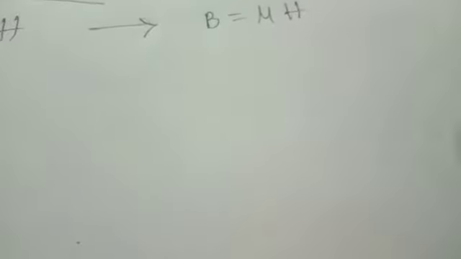So what is this Biot-Savart law? The magnetic field is represented with the letter B, and the magnetic field intensity is represented with the letter H. There is a common relation between B and H, if you have studied magnetic circuits: B is equal to mu into H, where mu is the proportionality constant, the permeability.